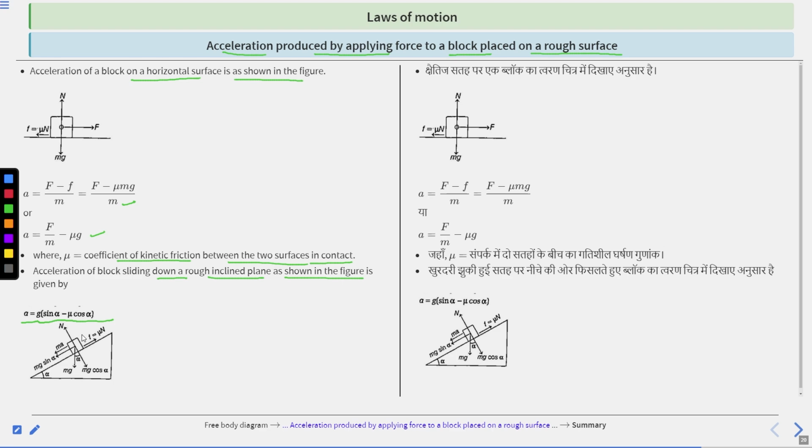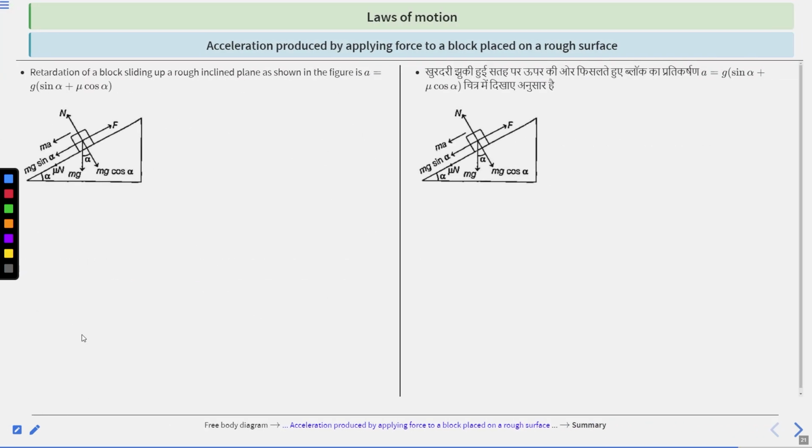Next is retardation of a block sliding up a rough inclined plane, as shown in the figure. a equals g sin alpha plus mu g cos alpha. So this is the block with weight mg, normal N, and components mg sin alpha and mg cos alpha. The angle is alpha. Clear? So this is the FBD of the inclined plane.